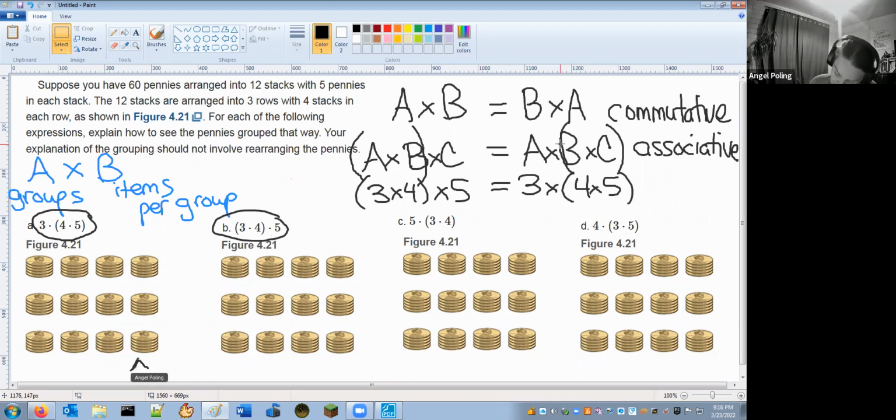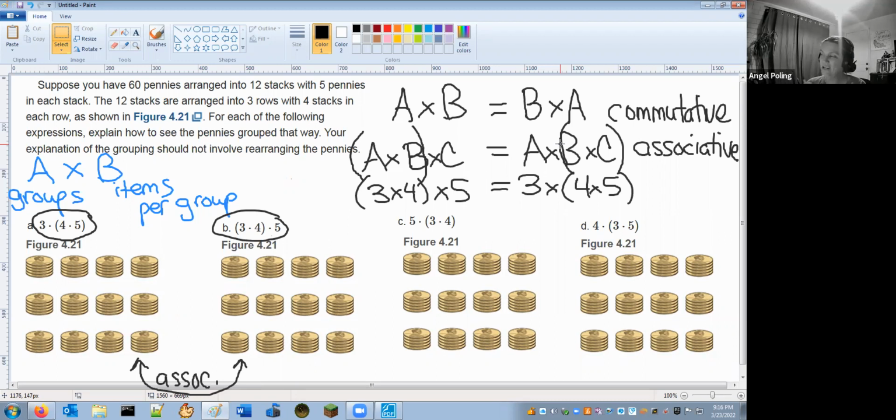So between A and B, we've used the associative property, where we've just moved what we're grouping to a different group first, right?